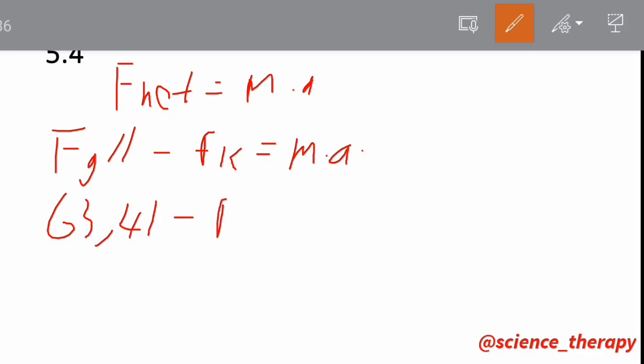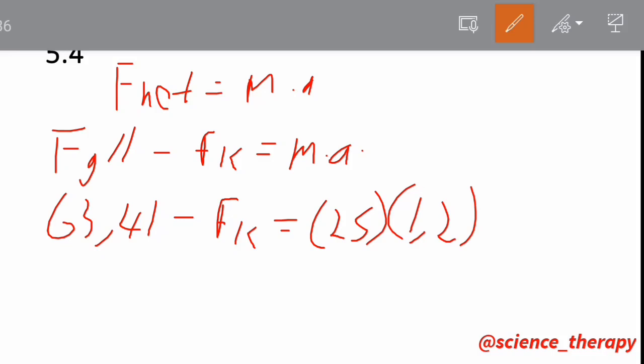So that minus the FK. So we have FK. And then what is our mass? The mass is still 25. And then we've been told that the acceleration on that part is 1.2, right? So now we have 63.41 minus FK. That gives us 30.